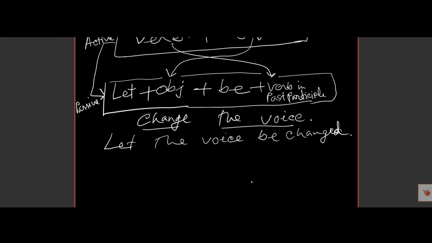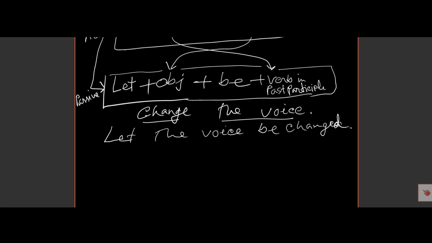Another example, we can do the work. Do the work carefully. So this is active voice, and the sentence begins with main verb.